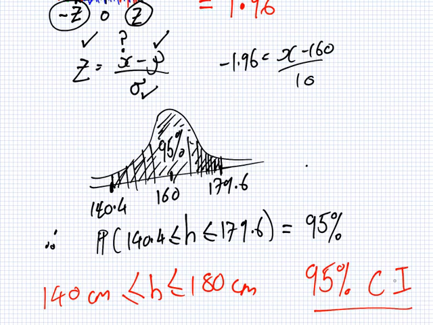Meaning that 95% of people will be from 140 to 180 in height. I just rounded off 140.4 and 179.6. I'm just finding the probability here. This is called a confidence interval, and this is how you construct it.